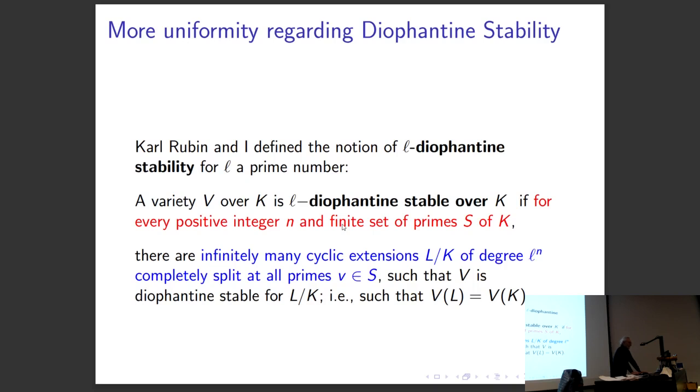Now, how often does this happen? Karl, Rubin, and I defined the notion of ℓ-Diophantine stability for ℓ a prime number.